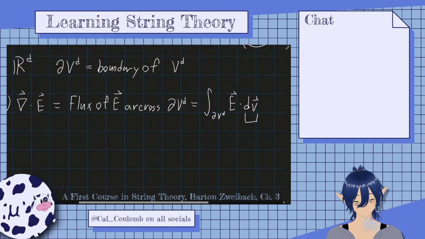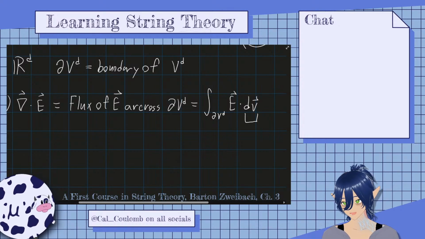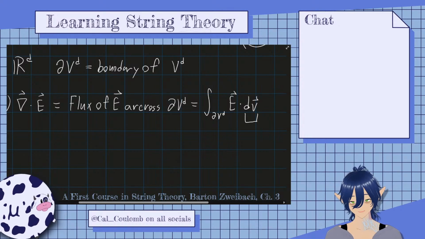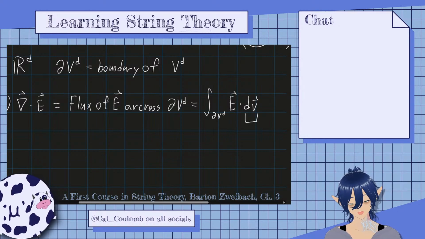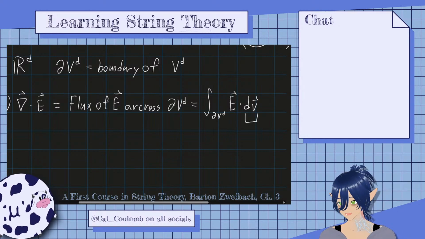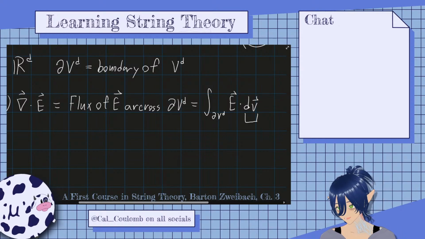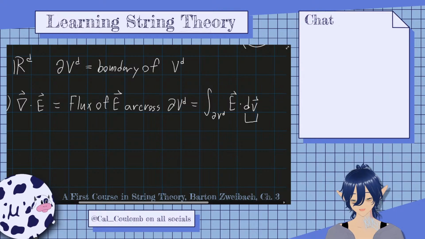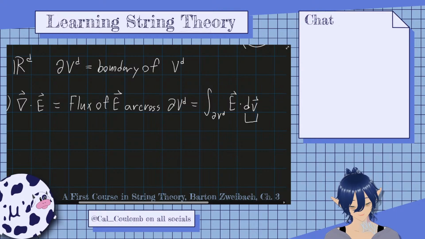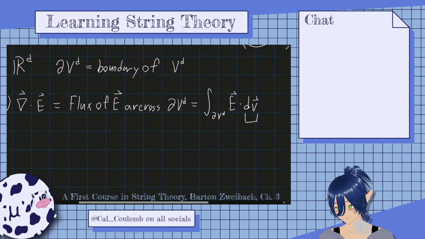Consider a cube whose faces lie on the hyperplanes selected by the condition that one of the coordinates is constant. Let one face of the cube and the face opposite to it lie on hyperplanes of constant x and constant x plus dx, respectively.